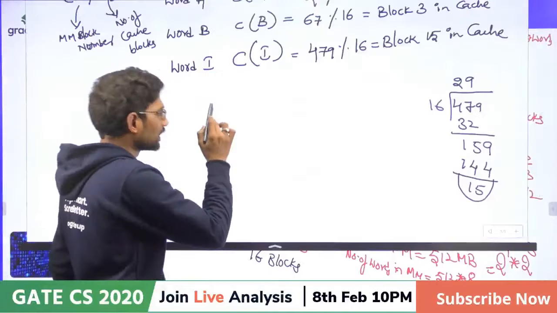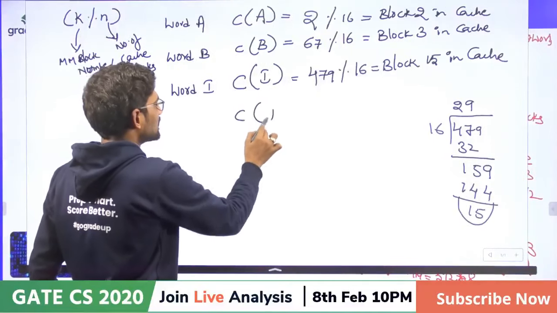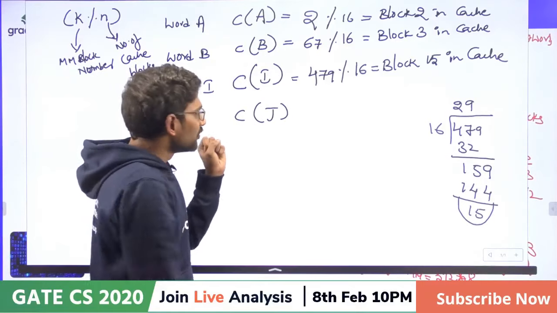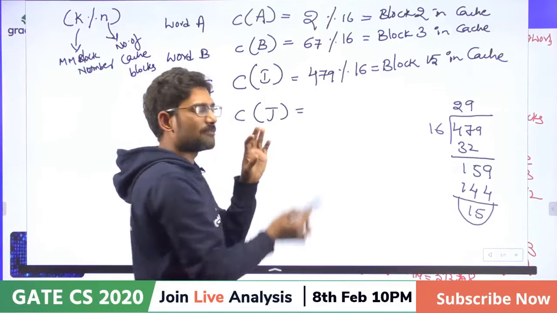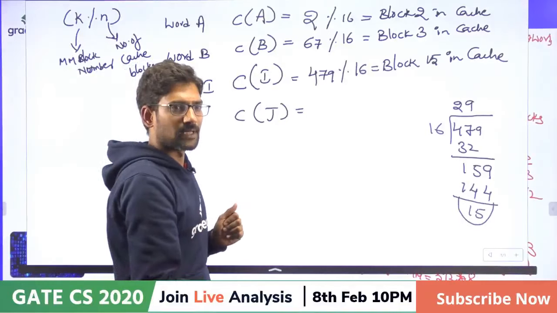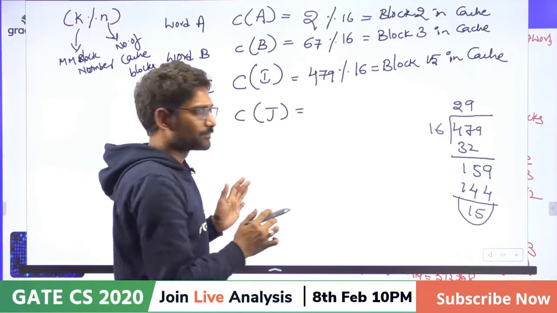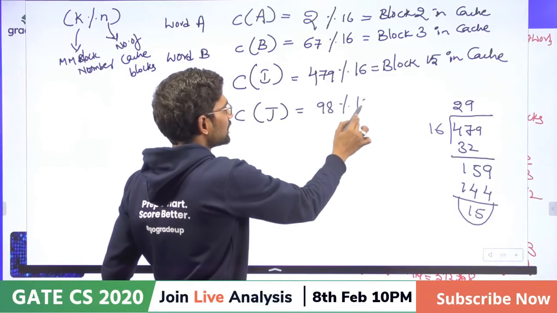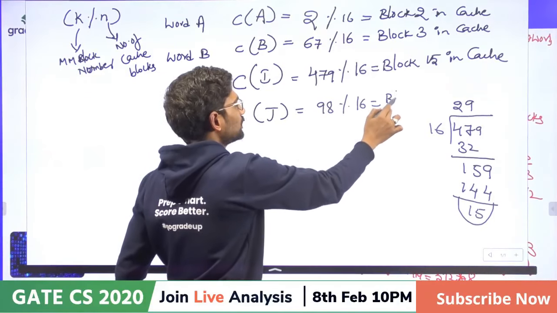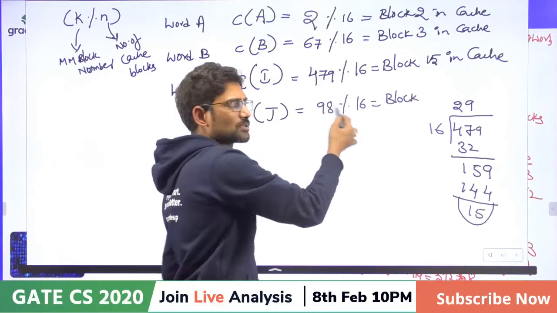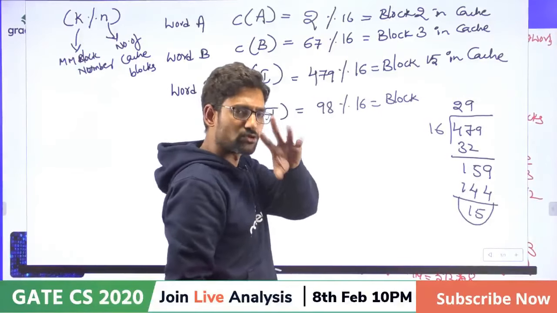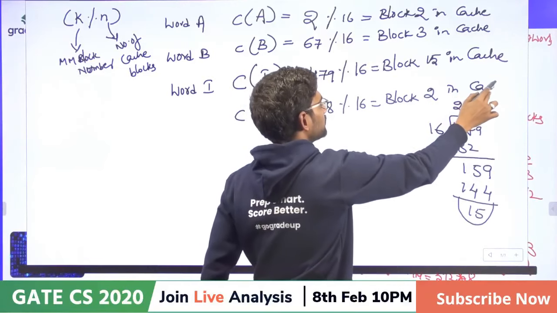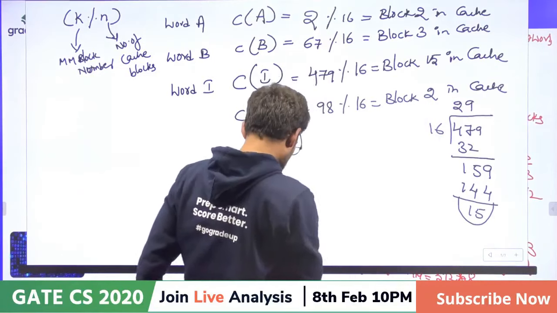The CPU requested it, a miss occurred, then the cache is supposed to copy it. Where will it place J? According to K modulus N, 98 modulus 16: 16 goes 6 times, 96, remainder is 2. So block 2 in cache, isn't it?